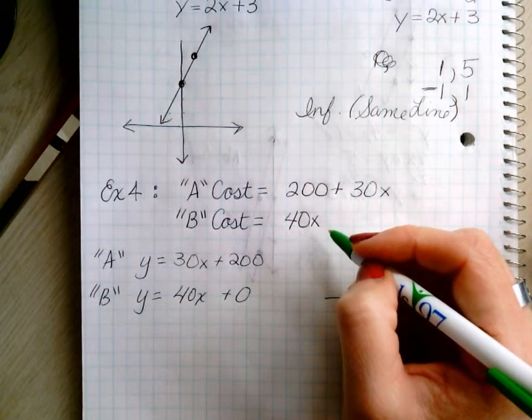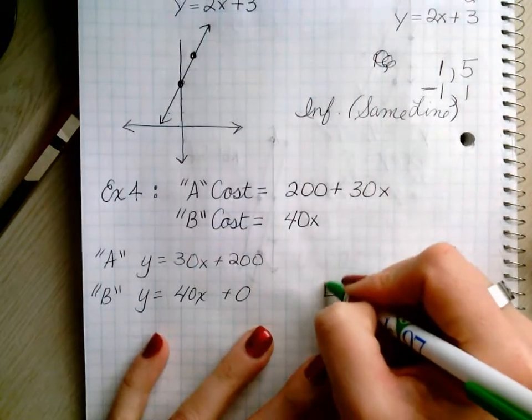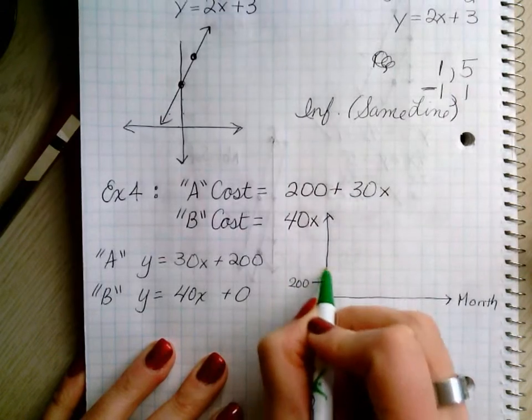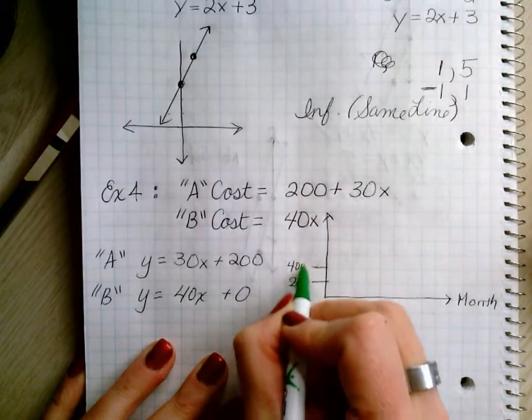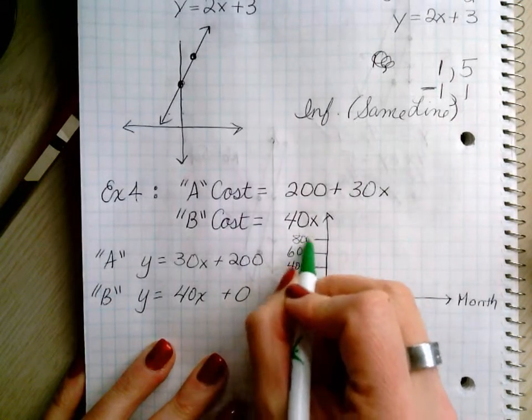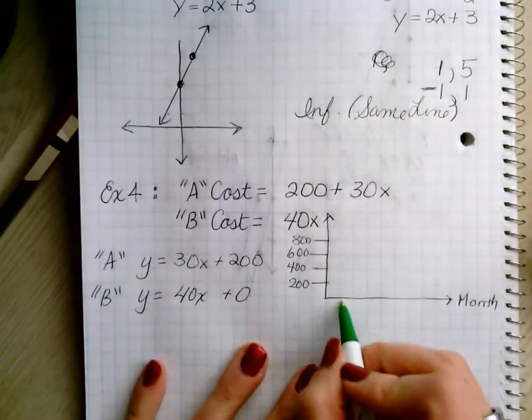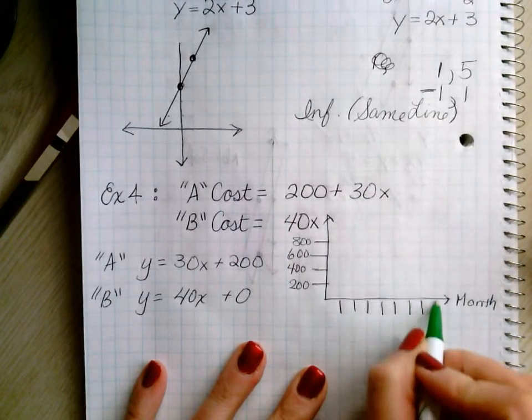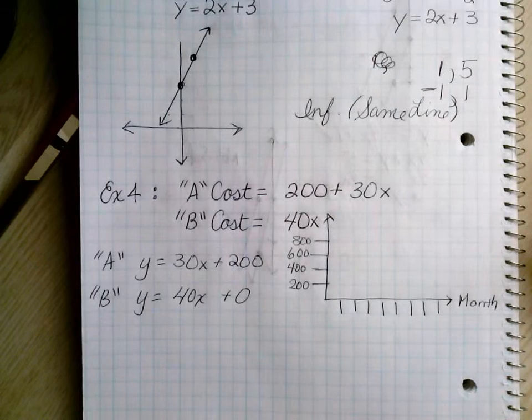Okay, I don't know how they've got it graphed, but I'll try and do it the same way they did. I think they did it by 200s. $200, $400, $600, $800. And this is each month, right? Month 1, month 2, month 3, month 4, month 5, month 6, 7, 8. I don't know. Just trying to match it.